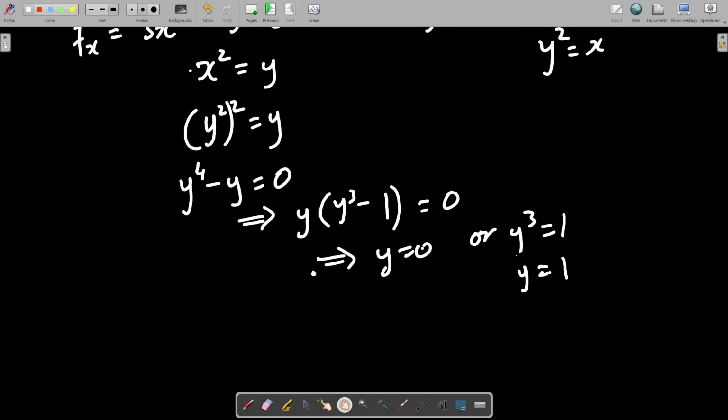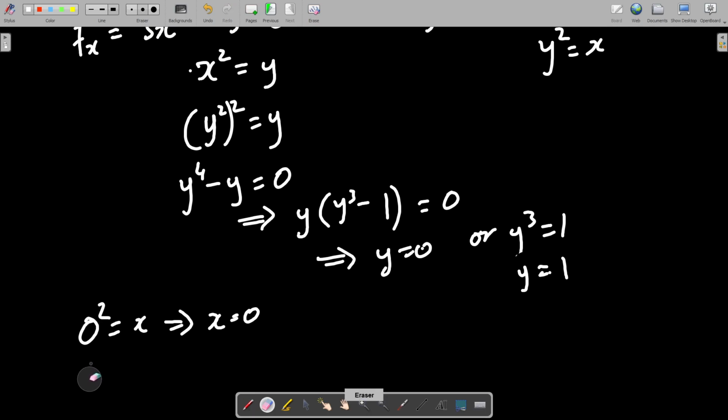So here we have these 2 points. So now we'll try to find x. So the relation is y square is equal to x, right? Okay, so 0 square, this will imply that x is equal to 0. Then we'll see 0 again. Then y is equal to 1, right?